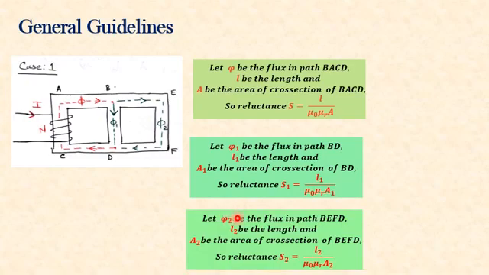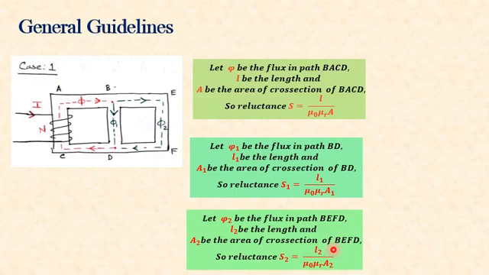And let phi 2 be the flux in path BEFD, L2 its length and A2 the area of cross section of BEFD. Then reluctance S2 of the path BEFD is given as S2 equal to L2 by mu 0 mu r into A2.